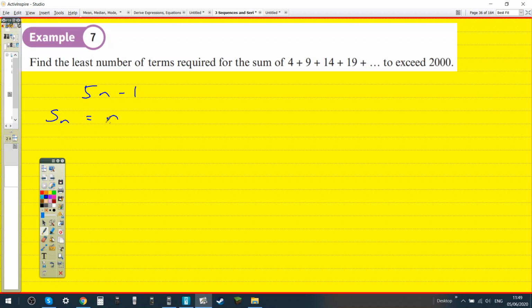Do you remember it? n over 2 times 2a plus n minus 1 brackets and then d. I still need to get n, don't I? Yeah, that's what we're trying to solve.